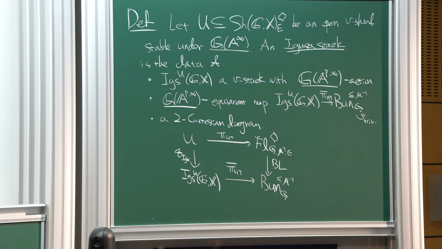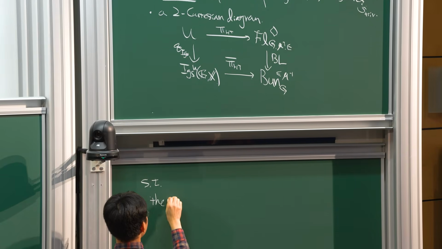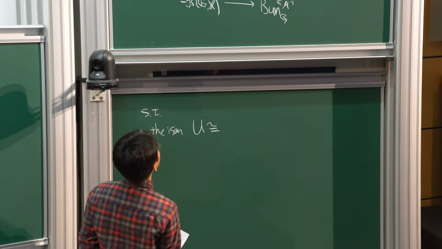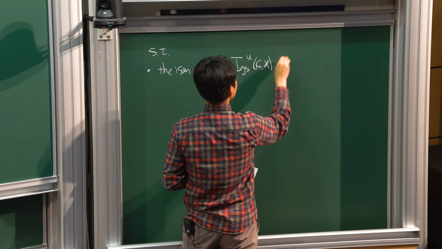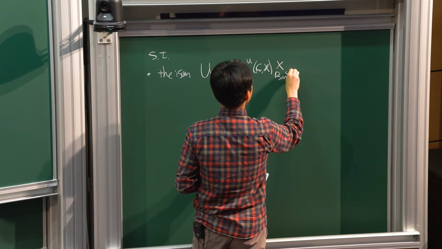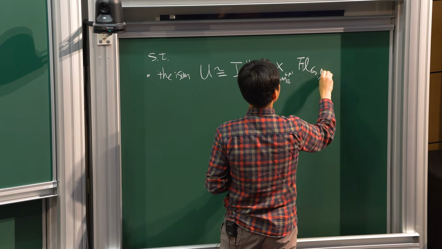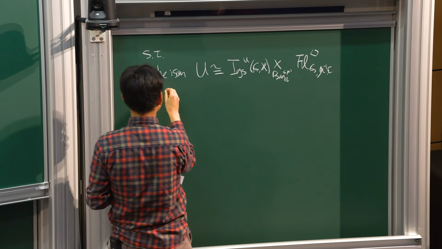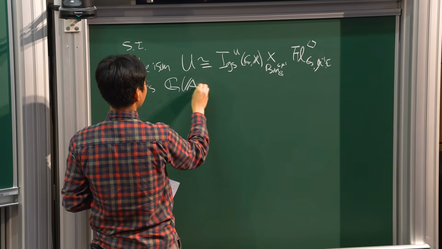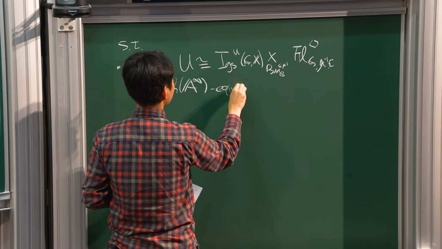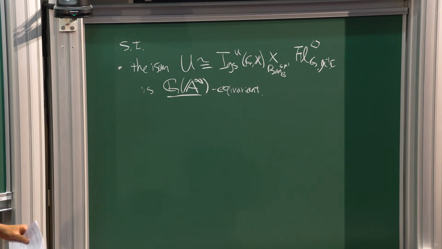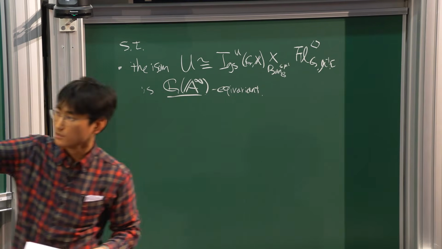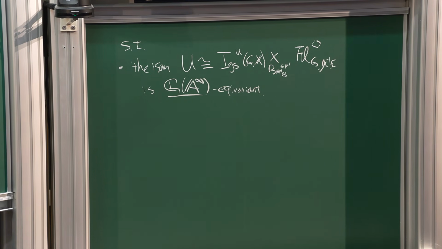So the isomorphism from U to the Igusa stack of G_X times Bun_G, flag variety, is G(A^p infinity)-covariant. Mu, this mu, is the Hodge-Tate character over there. So yes, it's the same thing.